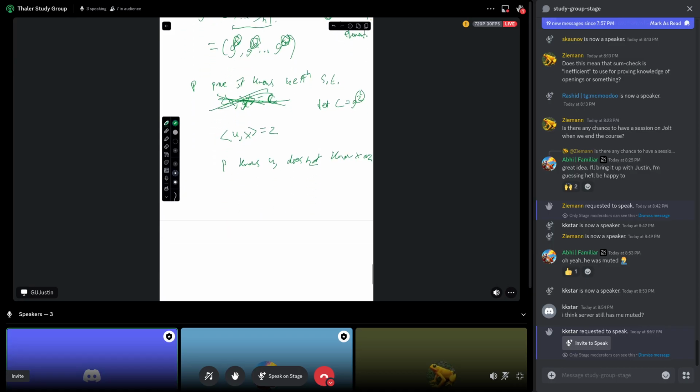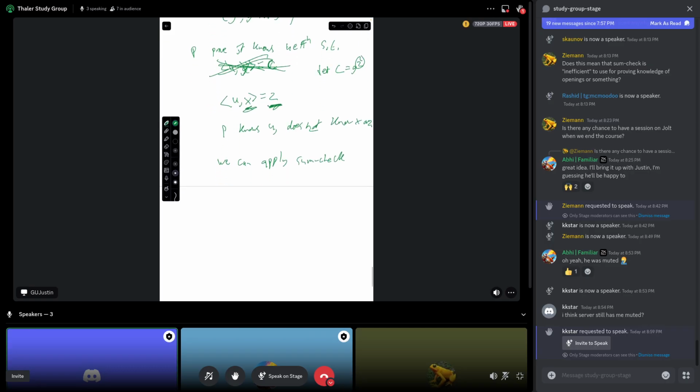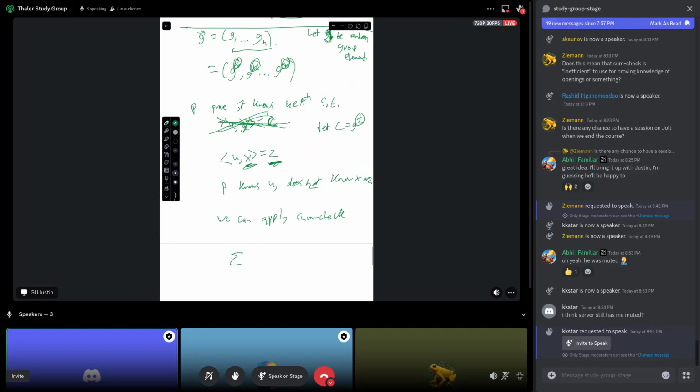Nonetheless, we can apply sum-check to this claim in the completely standard way, because X is a vector of field elements and Z is a field element. Before I was summing over X, but then I used X for these exponents.